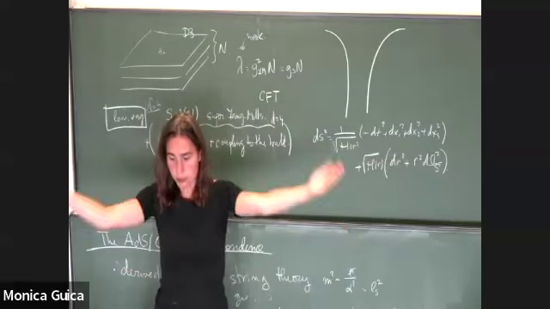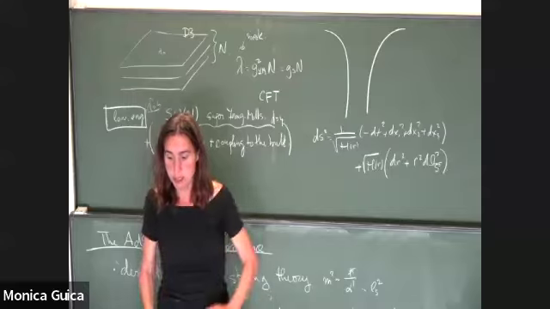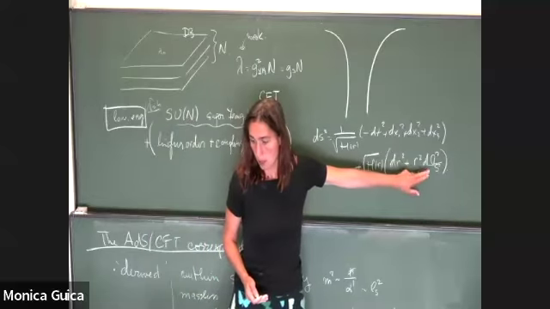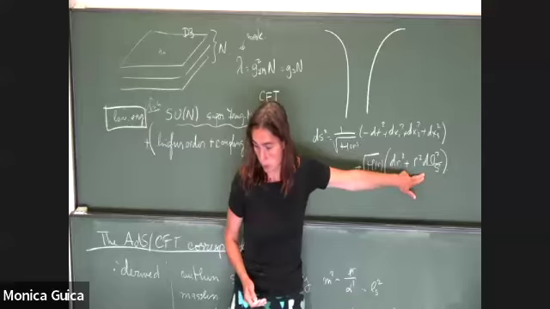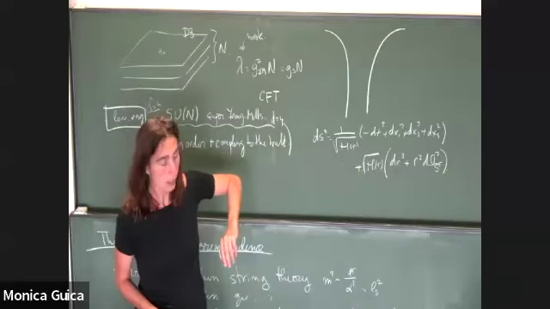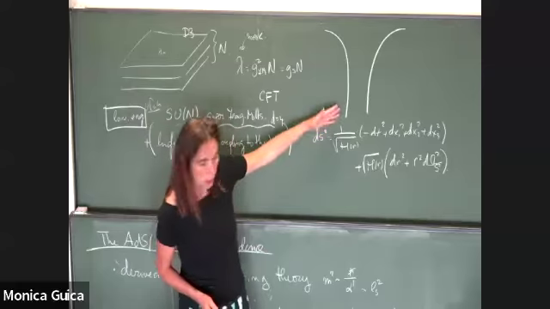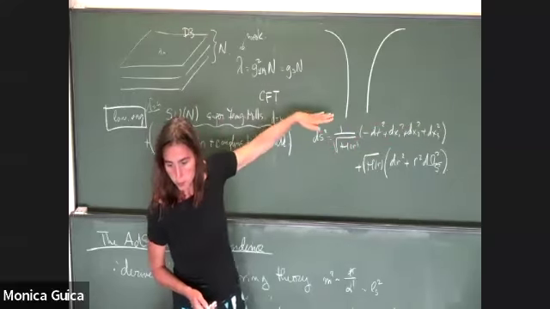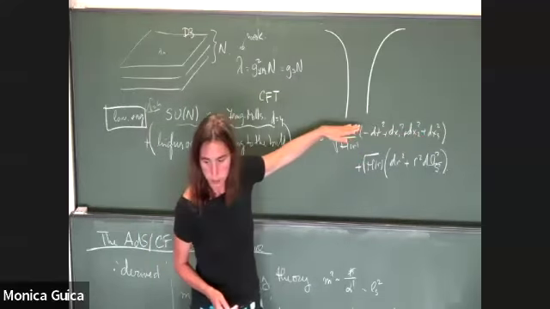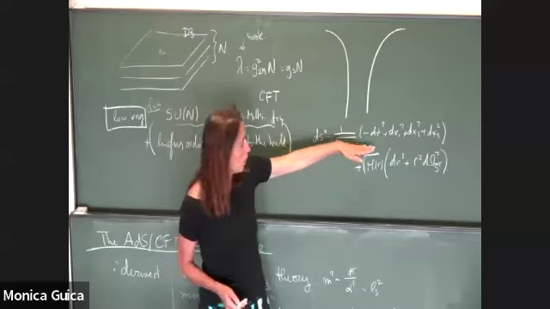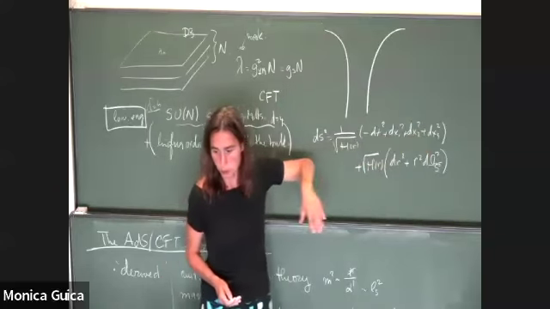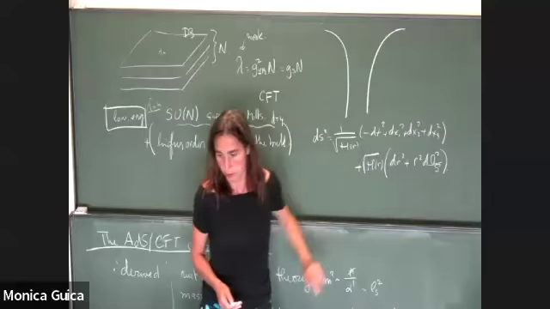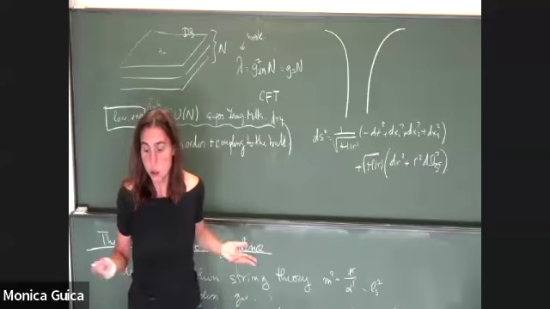So a point object in 6 spatial dimensions is surrounded by a 5-sphere, which is why this 5-dimensional sphere metric is appearing over here. Otherwise, I'm preserving Lorentz invariance along the brane directions, because these are the 4 directions along the membrane, and this is just the transverse space. So this is just the solution.